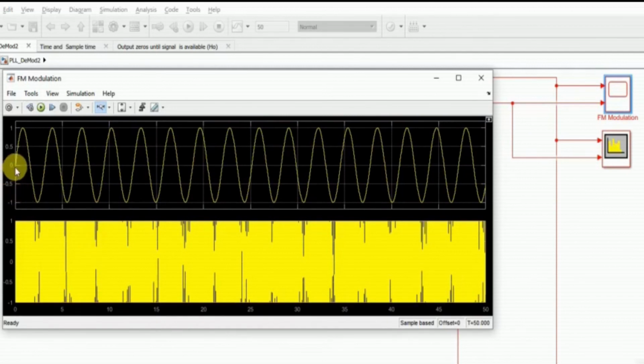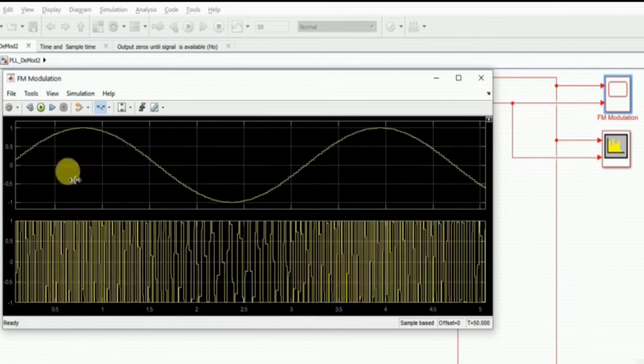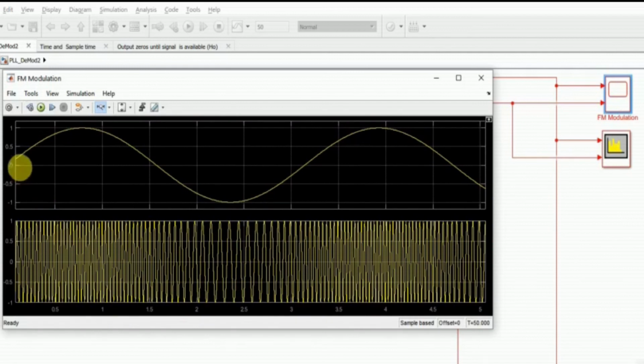So let us zoom on the x-axis, say until here. So whenever the amplitude is high, the instantaneous frequency will be higher. When it is low, it would be lower. So this is reminiscent of a frequency modulated signal.